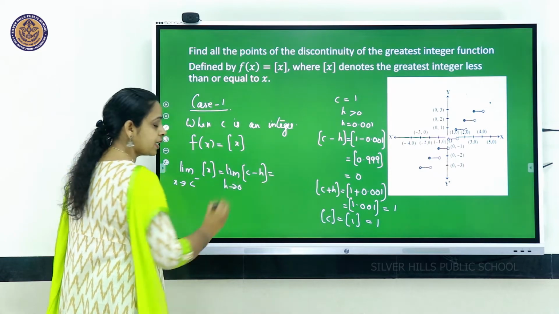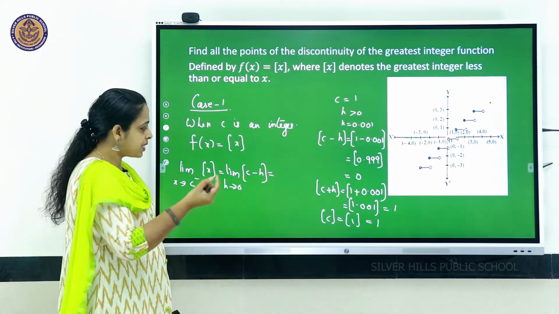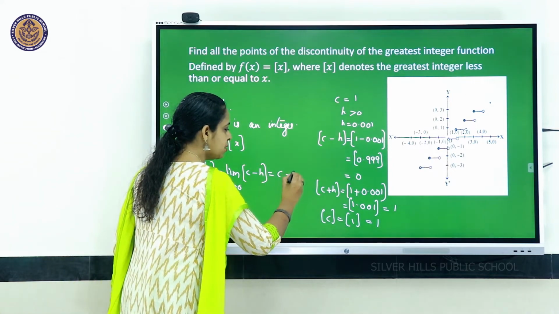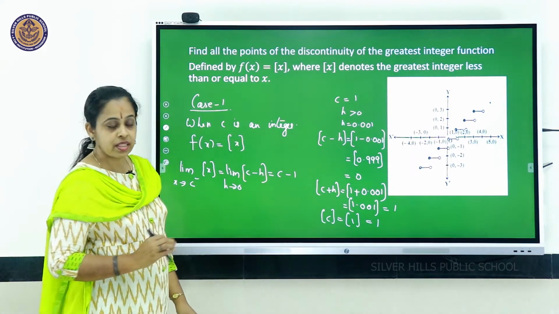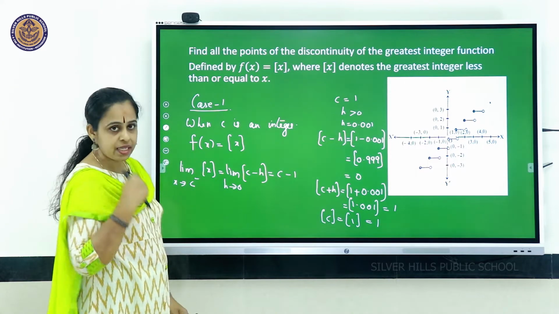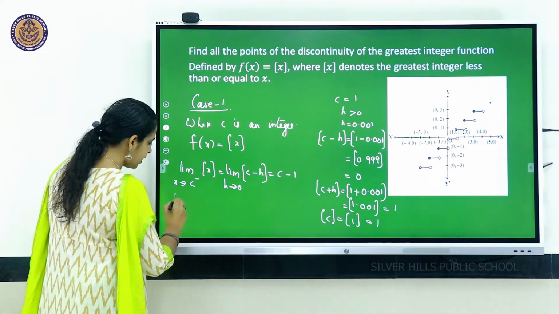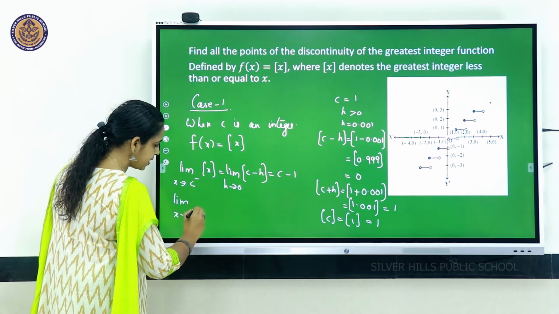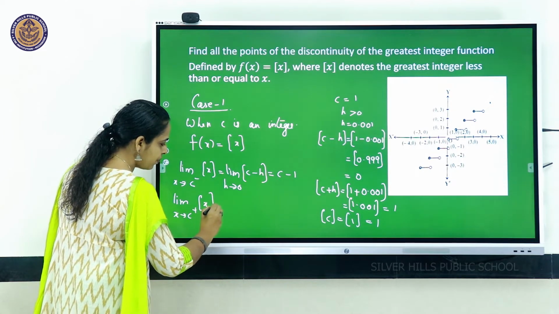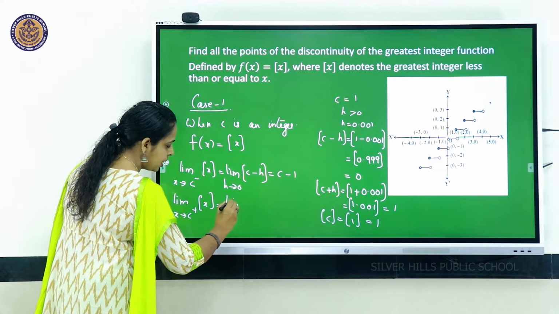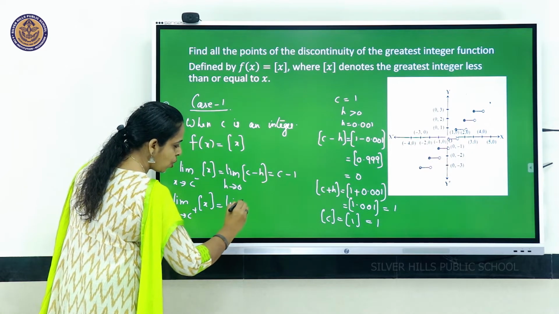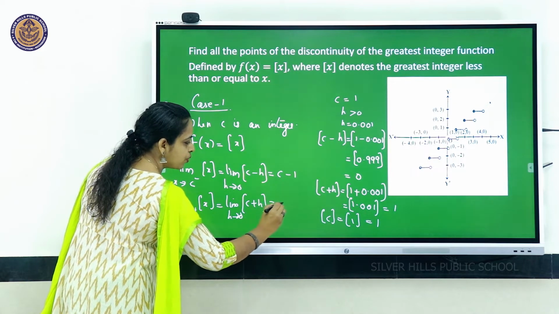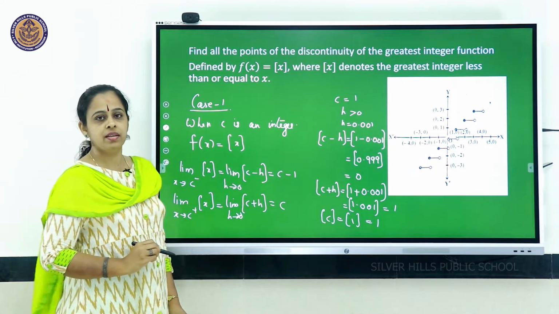What will we get? From c, we are subtracting that h, we will get the value as c minus 1, the integer which we took, minus 1. If we are taking limit x tending to c plus box x, we will get limit h tending to 0 box of c plus h, and its value will be equal to c.